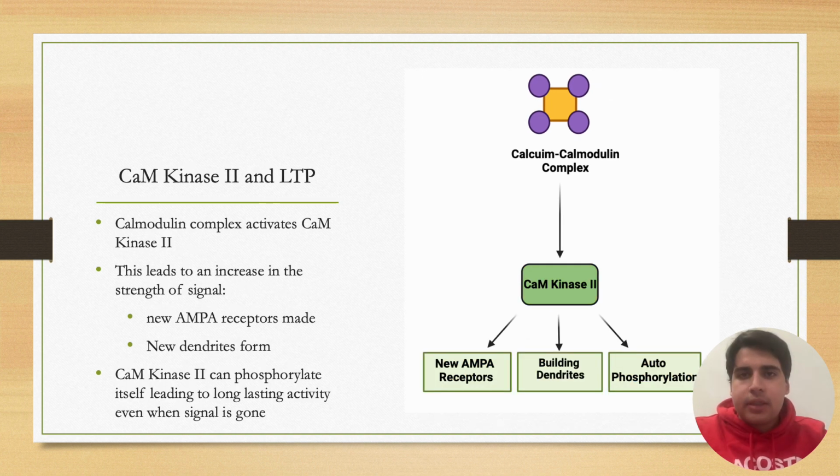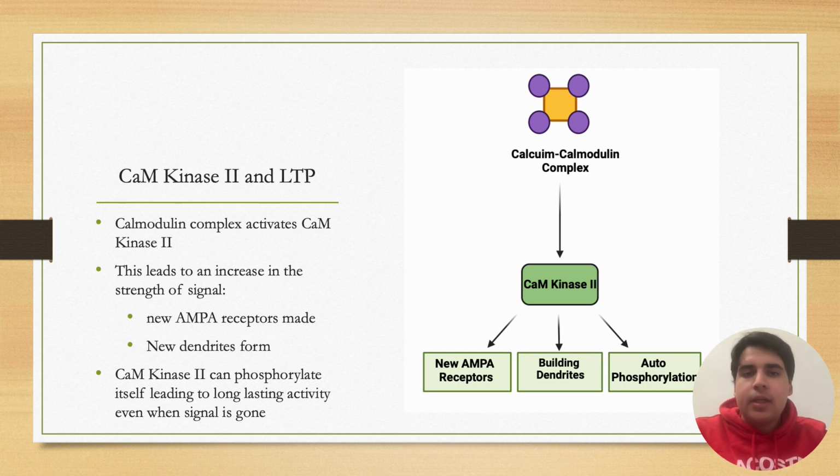Another very important pathway for long-term potentiation involves the calcium calmodulin dependent protein kinase 2, or CaM kinase 2. Once again, the calcium calmodulin complex activates CaM kinase 2, and this leads to a wide variety of different downstream effects. One of the most important ones, of course, is the making of new AMPA receptors, which makes the postsynaptic membrane more sensitive to the neurotransmitter released in the future.